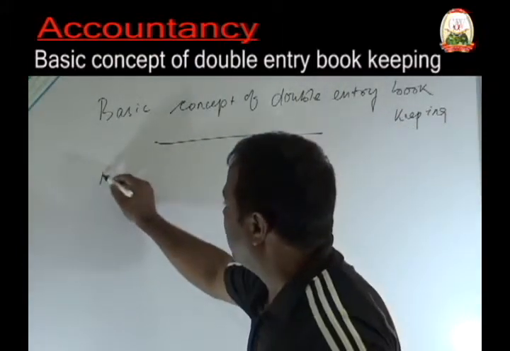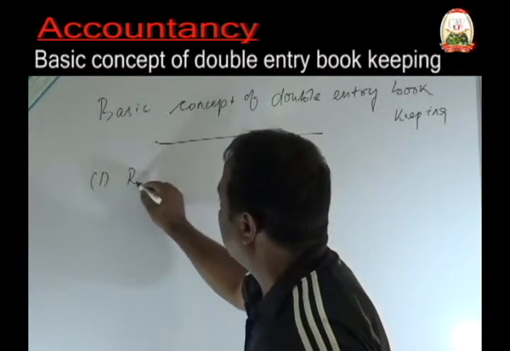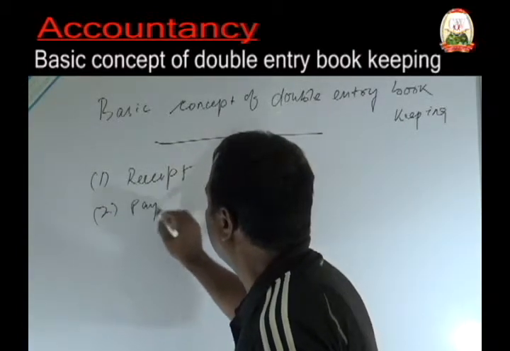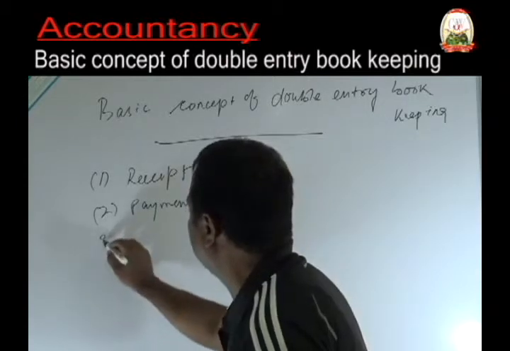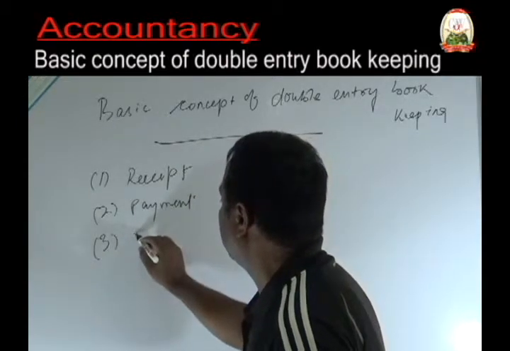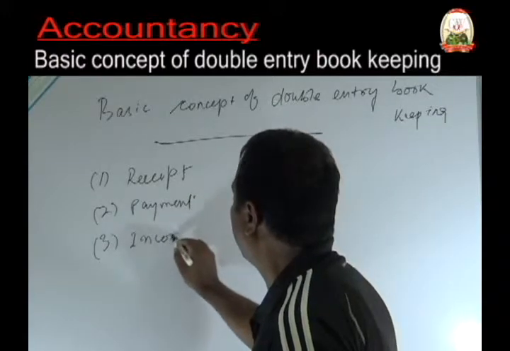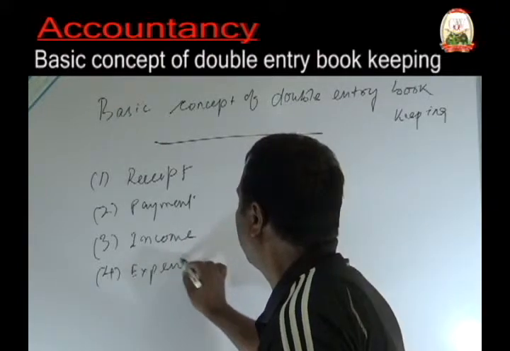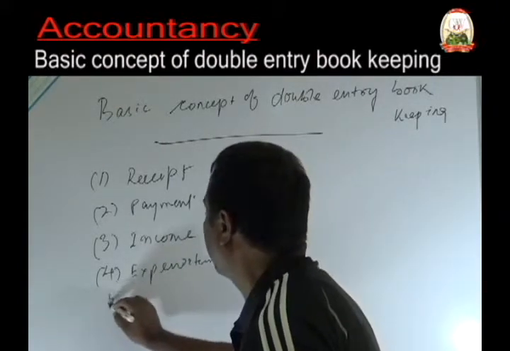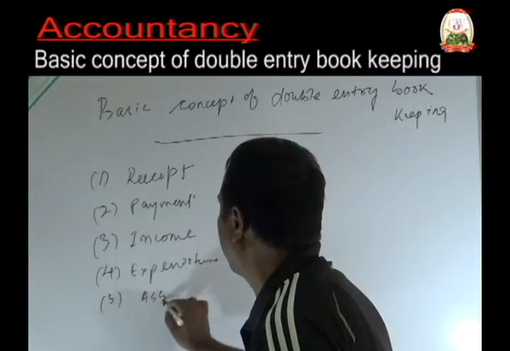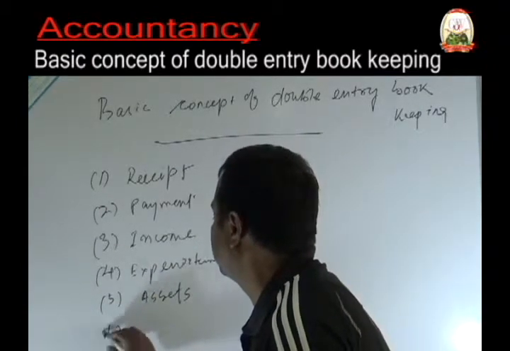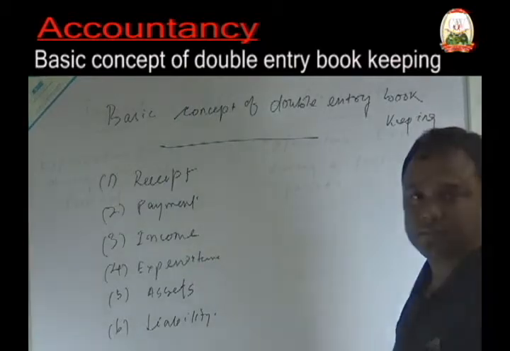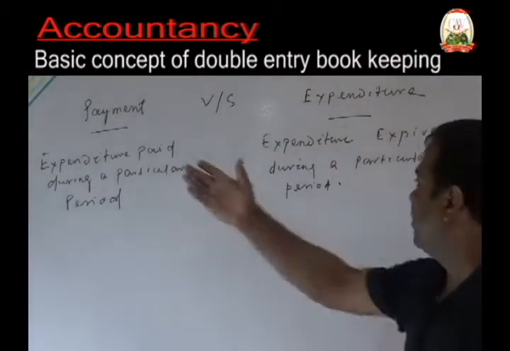That is, one, receipt, two, payment, three, income, four, expenditure, five, assets, six, liability. Now we'll get into the concept of payment and expenditure.